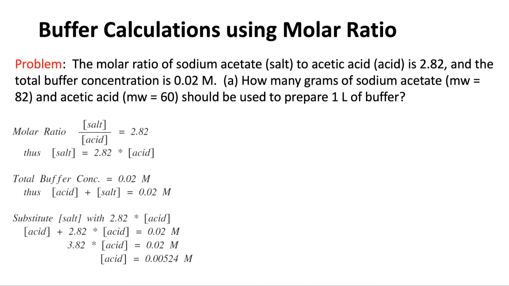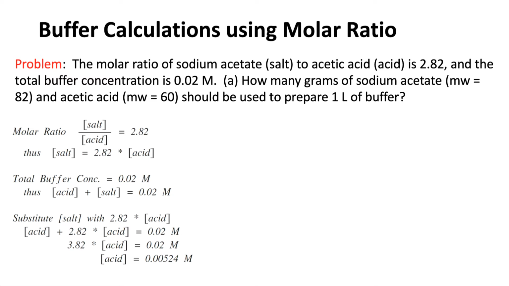But we just said we could re-express the salt concentration as 2.82 times the acid concentration. Substituting that in gives the acid concentration plus 2.82 times the acid concentration equals 0.02 molar.